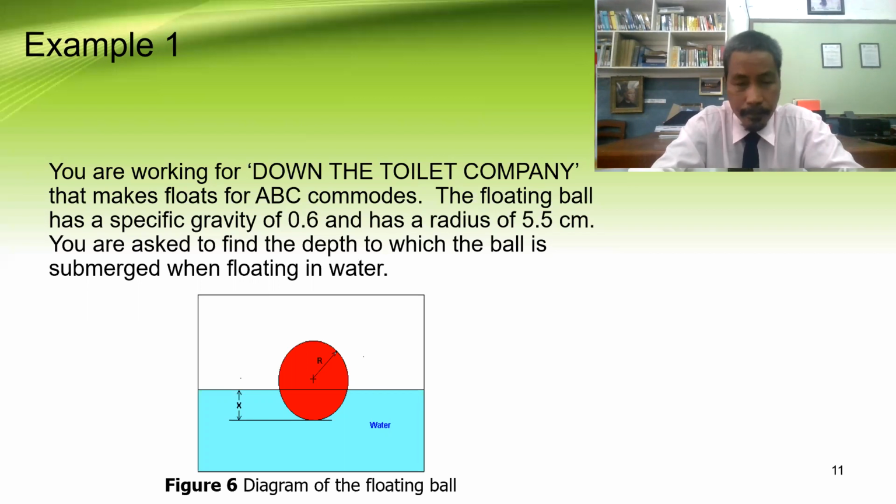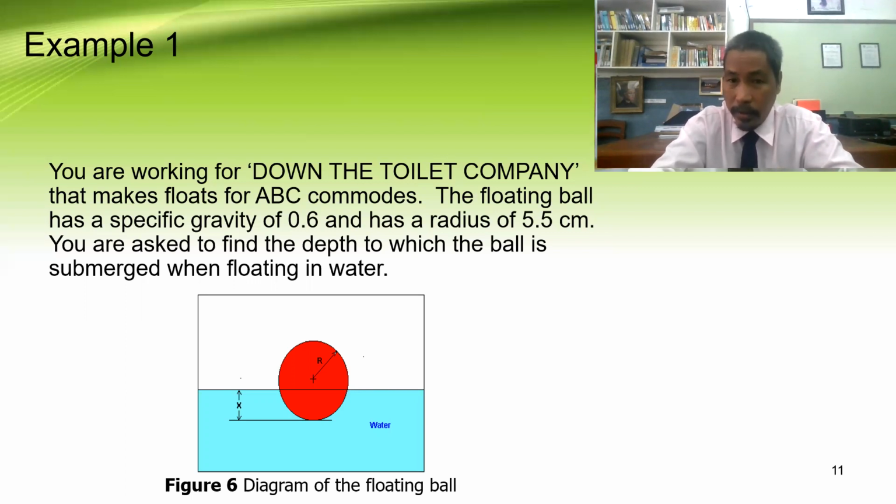The floating ball has a specific gravity of 0.6 and has a radius of 5.5 centimeters. Radius 5.5, specific gravity 0.6. What do you mean by specific gravity? We already know that in our science and physics.